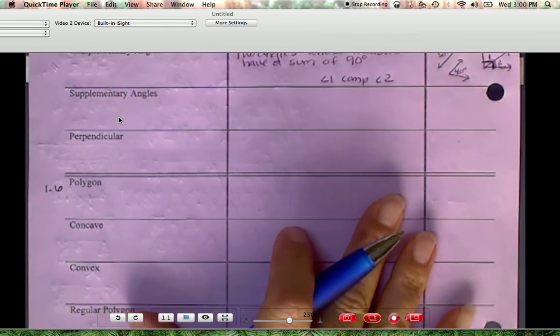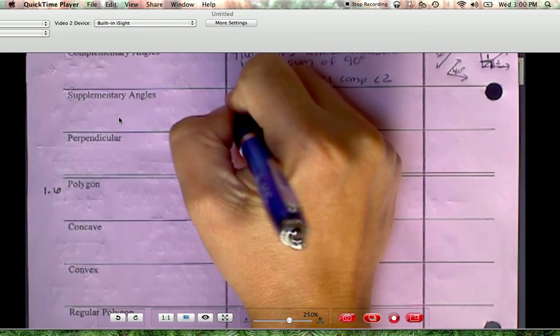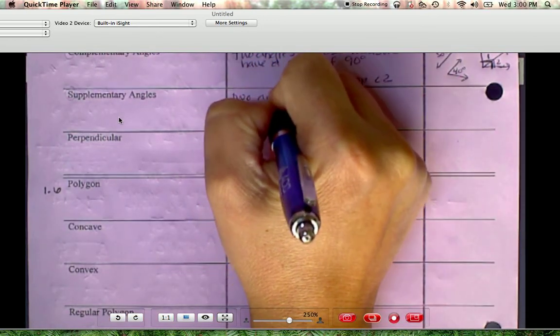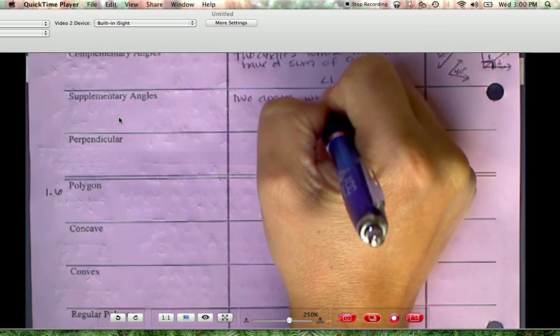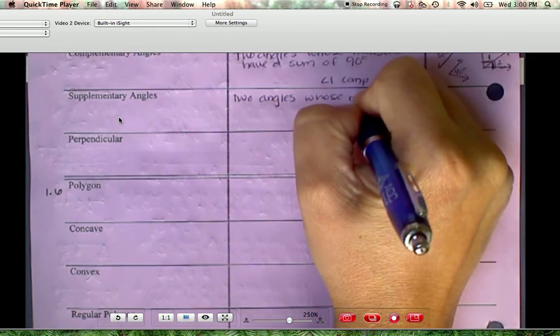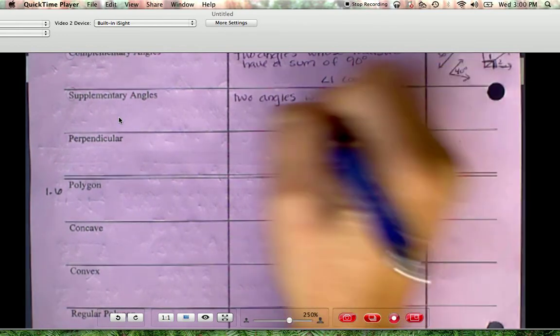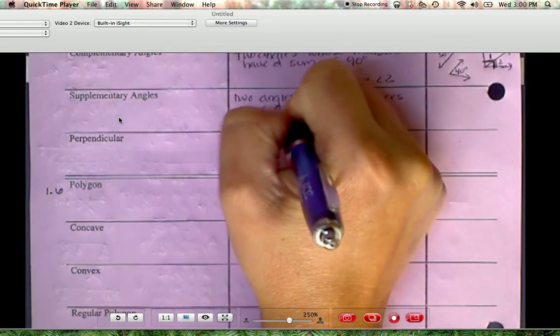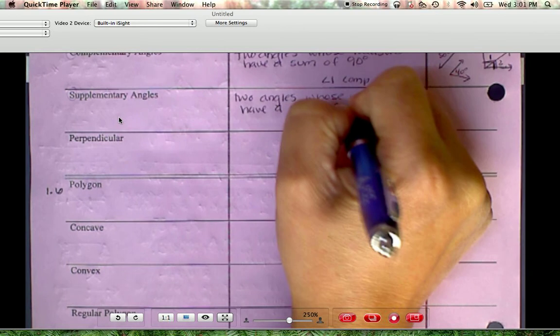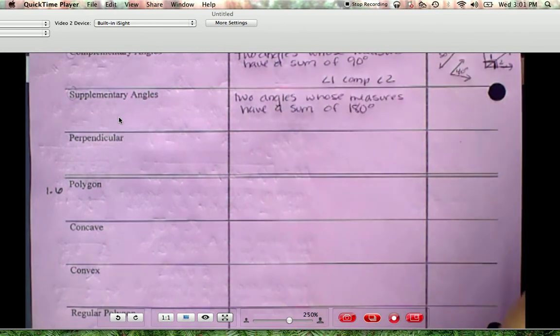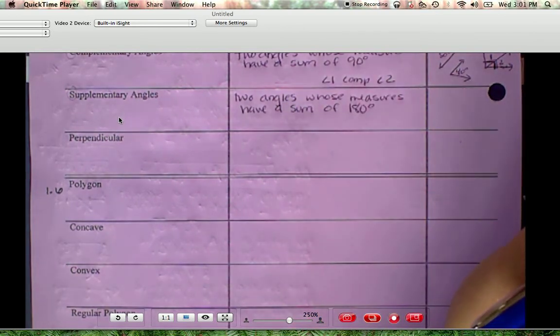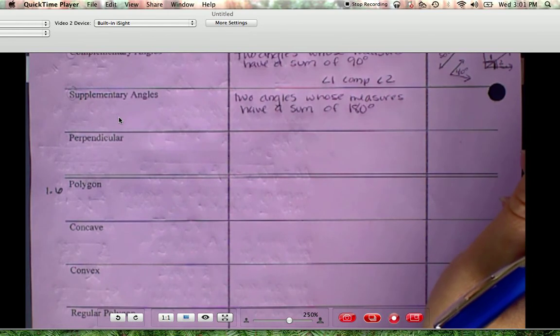Now supplementary, if they go alphabetical order from smallest to largest, then supplementary means 2 angles whose measures have a sum of 180 degrees. Again, we've got the old school way to show this, and we've got the new school way, the geometry way.